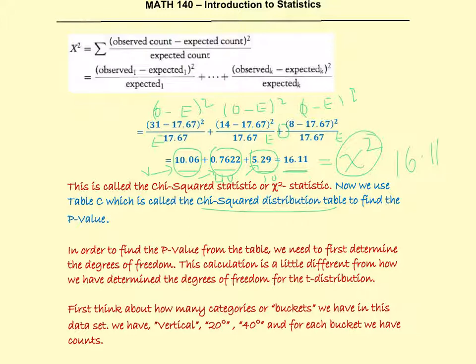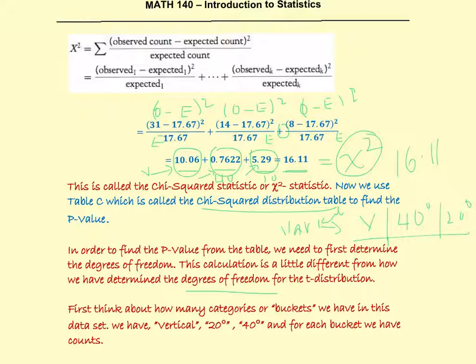So in a chi-squared test, the degrees of freedom is calculated in a very specific way. What we count here is not the sample size, but the number of buckets, or the number of categories. So we have the vertical, the 40-degree, and the 20-degree windows. So we have 3 buckets or 3 categories in our variable. This is our variable, which is the tilt, and we have 3 buckets or 3 categories.